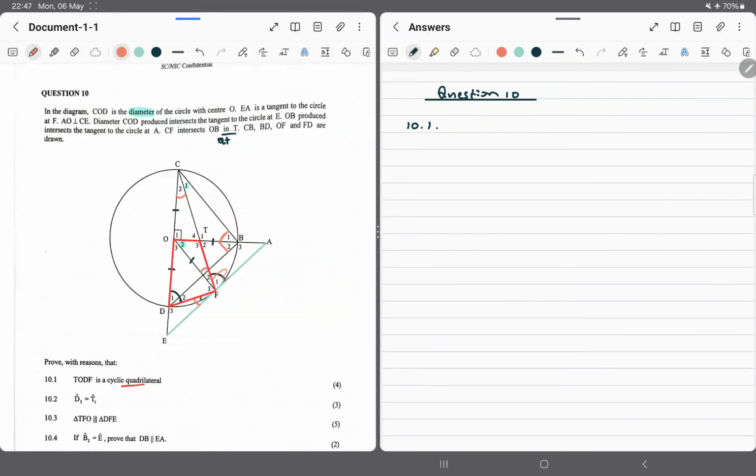So can you see this angle as a whole is also 90 degrees. Angle in the semicircle. If that is 90, that is 90. Therefore, this is a cyclic quad. The exterior angle is equal to the opposite interior angle.